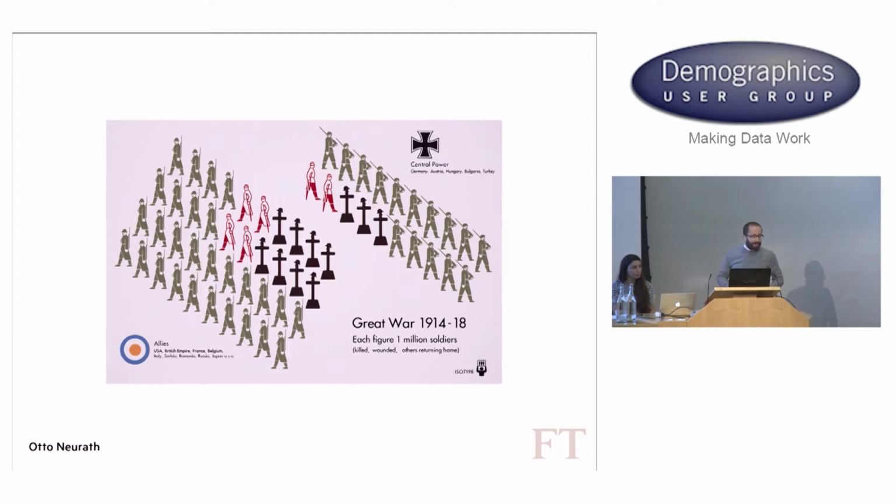And I've always liked this graphic from Otto Neurath about the fate of soldiers in World War I, because here the empathy comes from using exactly the same icons for both sides, for both armies. And the only thing that distinguishes them is that they're walking back from war in different directions. It's tremendously powerful.